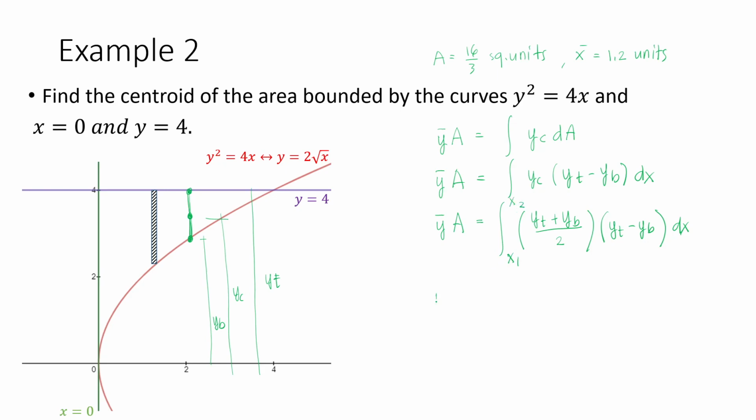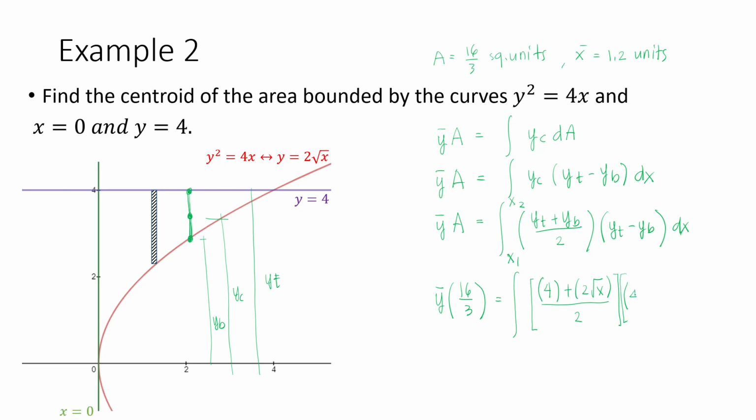So the formula now is times 16 over 3, and then this one is now 4 plus 2 square root of x, the y bottom, divided by 2, then multiplied by y top minus y bottom.